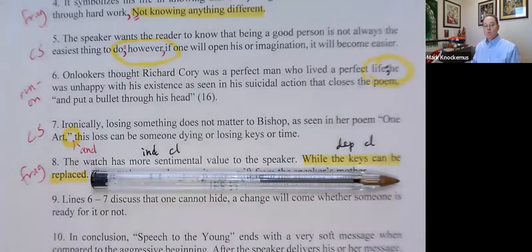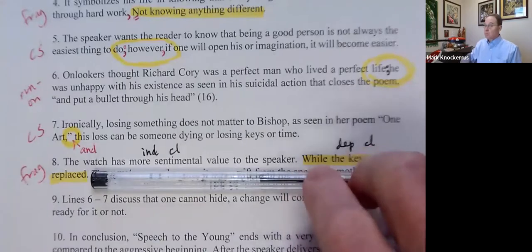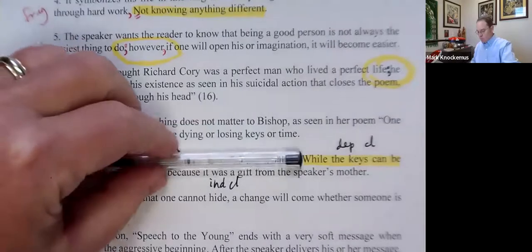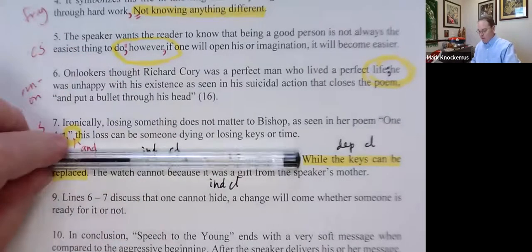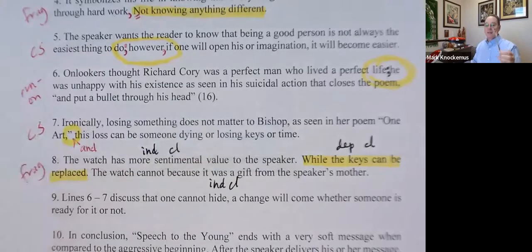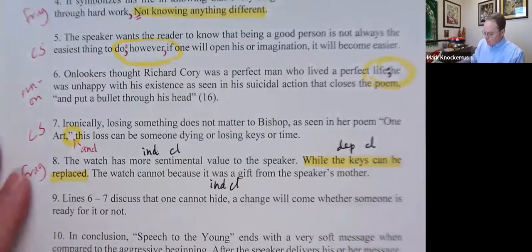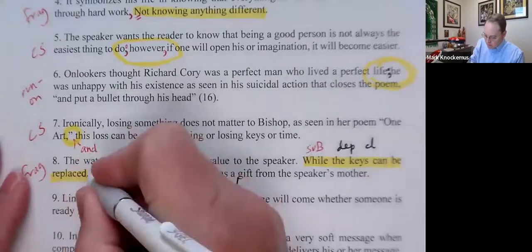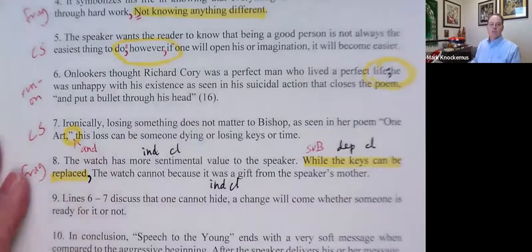The watch has more sentimental value to the speaker while the keys can be replaced. What about this one? While the keys can be replaced, the watch cannot. Yes, there it is. So now we have the subordinating word at the beginning. And remember, in that structure, the comma goes after the dependent clause.